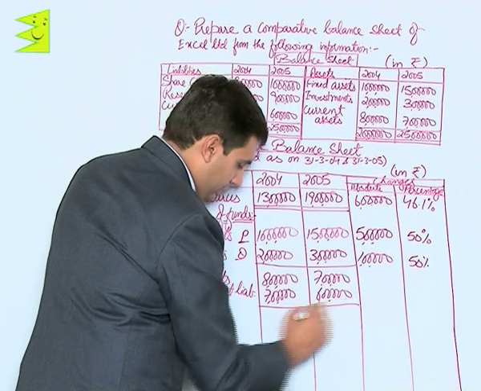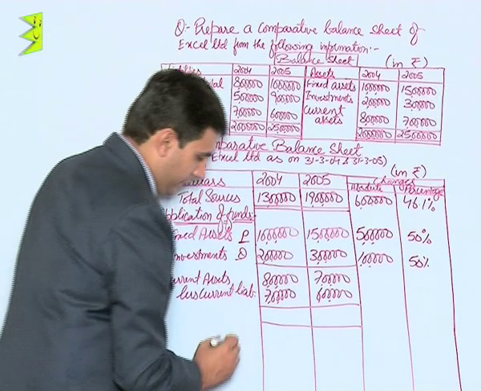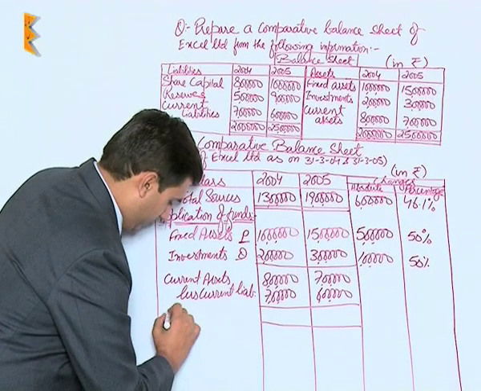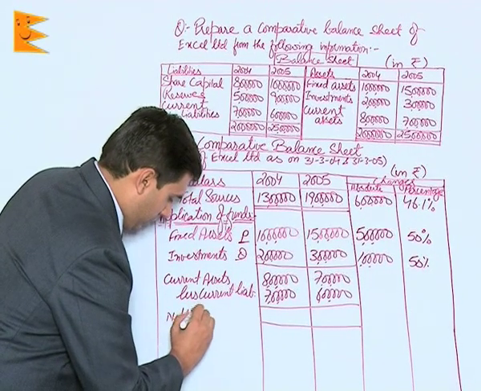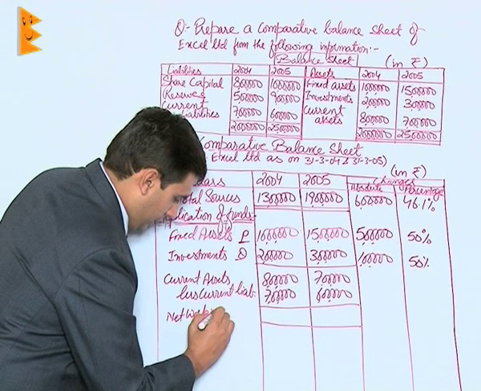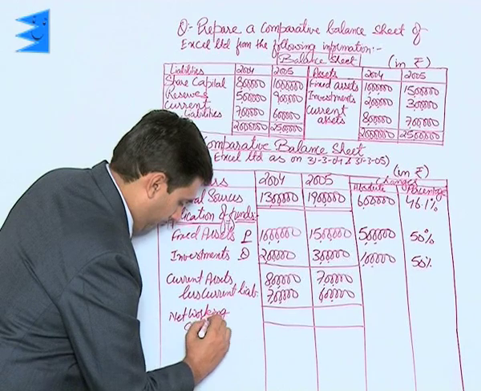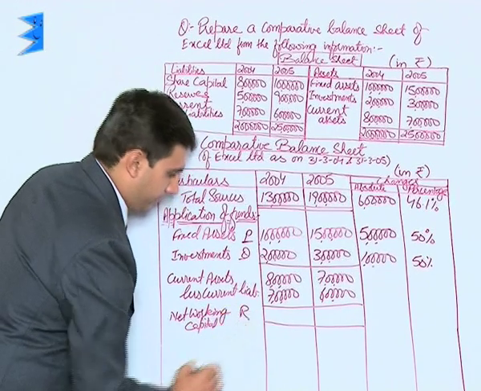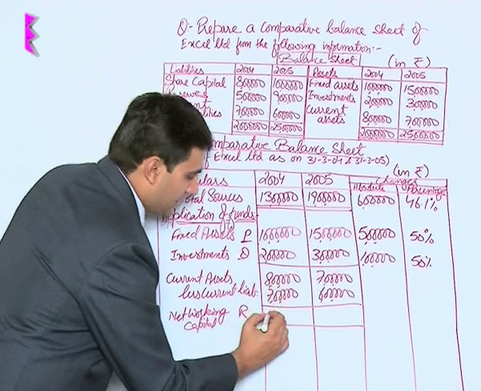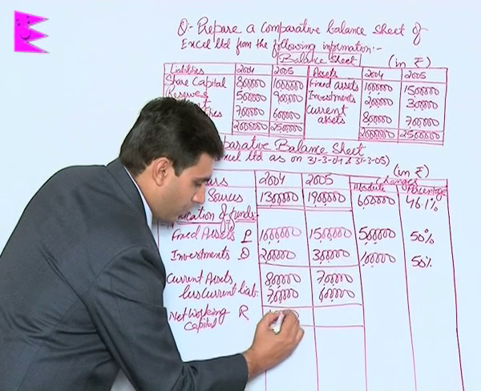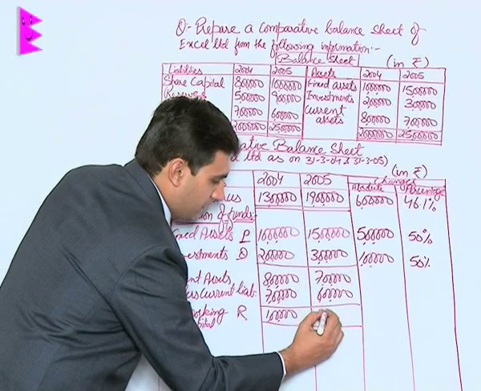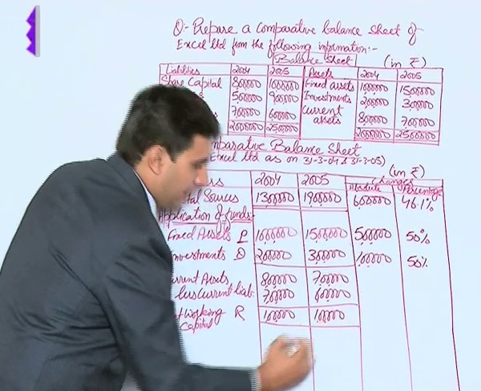Remember, we have to deduct this, and once we deduct it, we will get a new figure which will be your net working capital, which is R. So 8 lakh minus 7 lakh is 1 lakh, and here also it is 1 lakh.